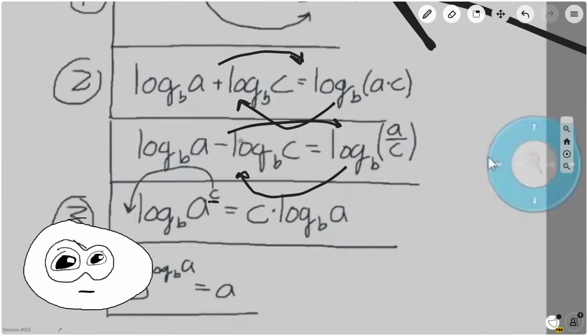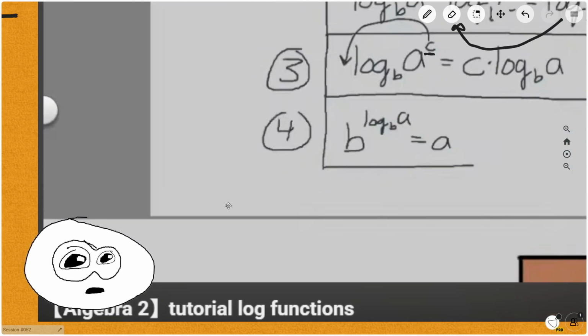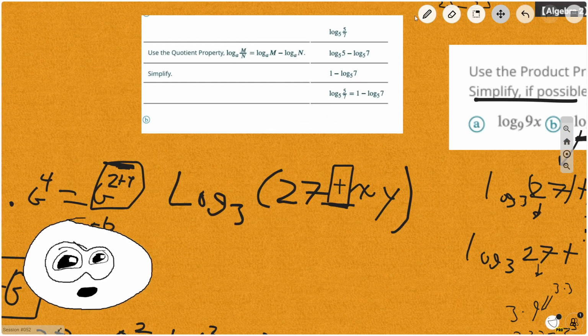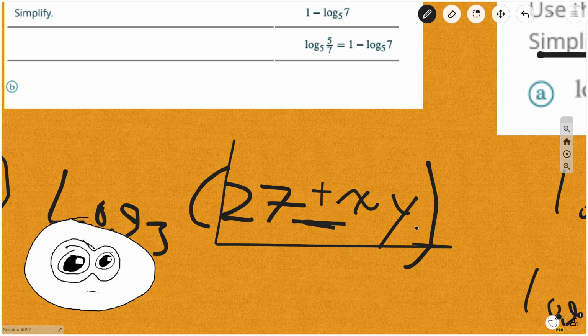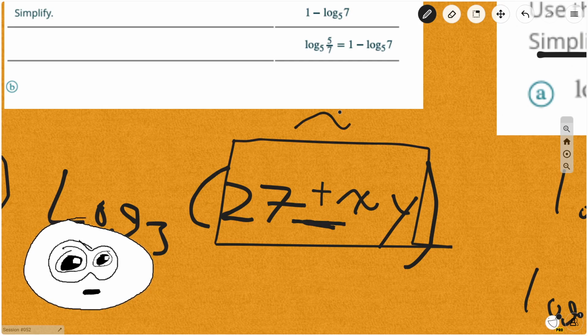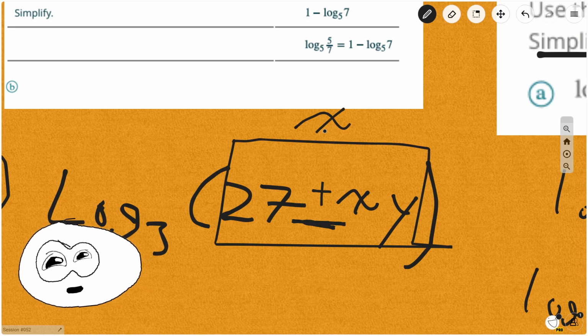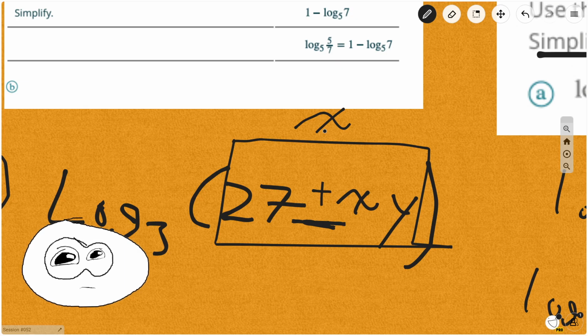Instead, you would consider this whole thing as one variable. So instead of thinking of it as 27 plus x and y, you would consider this whole chunk inside as an x. It's treated like a whole variable because it cannot be properly split using logarithmic functions.